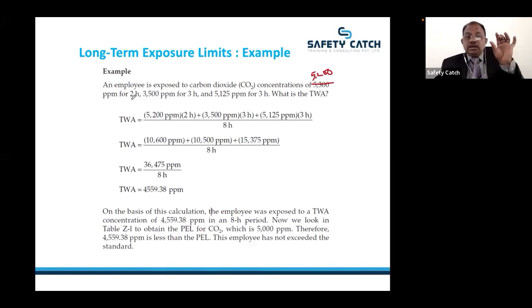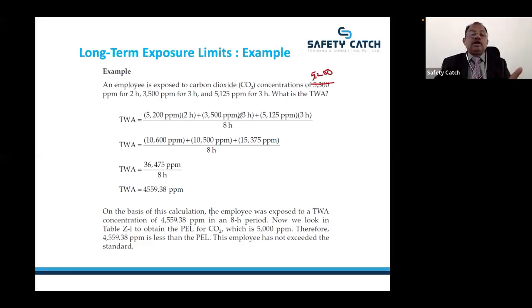So that means the work started at 9 o'clock, and from 10 o'clock to 11 o'clock, that means 2 hours, the concentration was 5,200 ppm. Then it changed to 3,500 ppm for 3 hours, from 11 to 12, 12 to 1, 1 to 2.